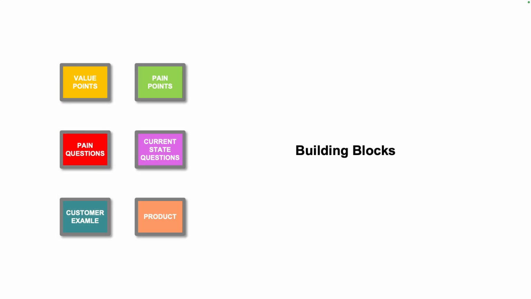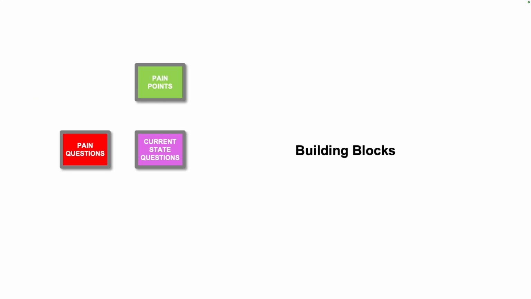And with that, I can just show you real quickly where those blocks that we created here today, such as pain points, pain questions, and current state questions, where you can insert those and where you can bounce to those when you're interacting with sales prospects.